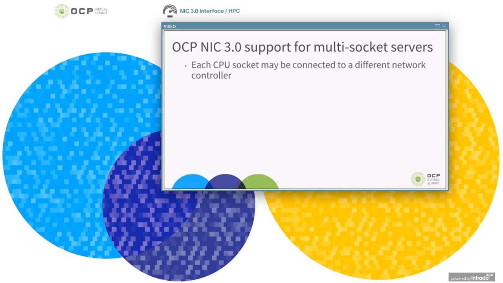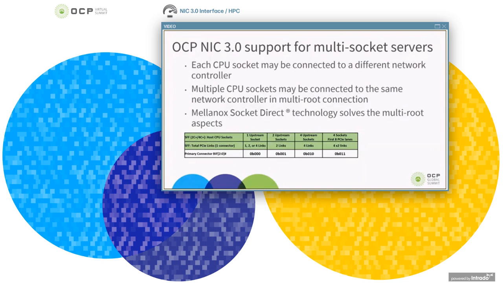OCP NIC 3.0 introduced support for multi-socket servers, which means that each CPU socket may be connected independently to a different network controller. At the same time, it also allows multiple CPU sockets to be connected to the same network controller in multi-host connection.